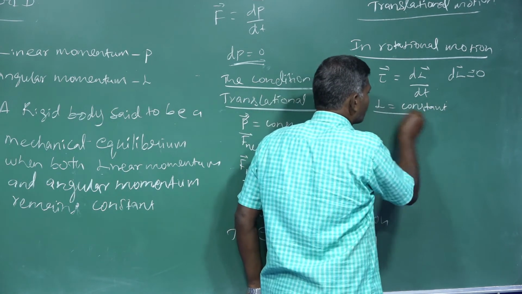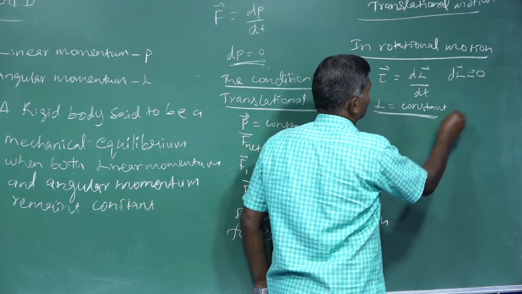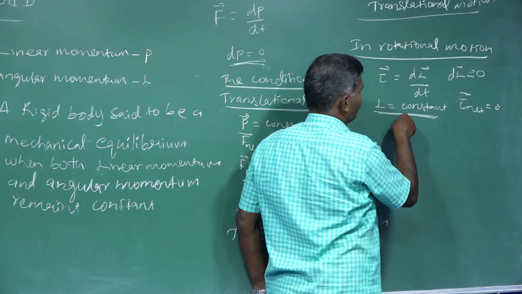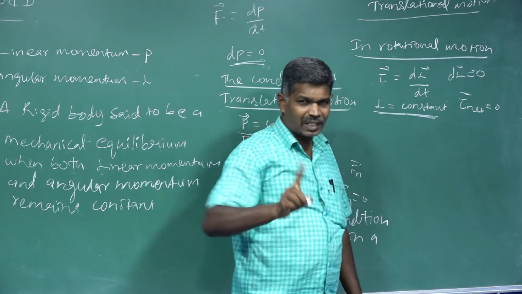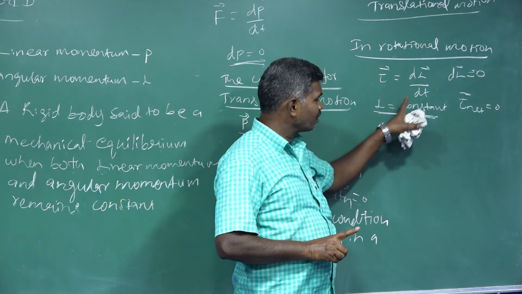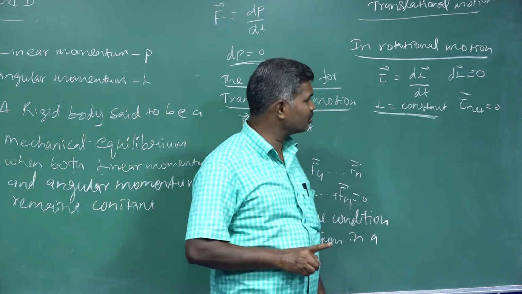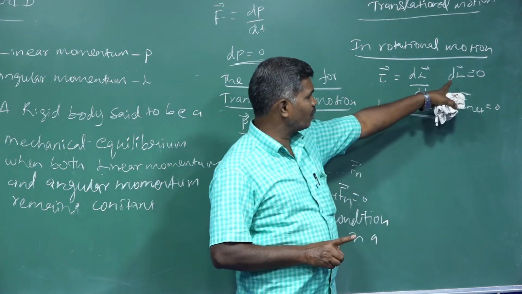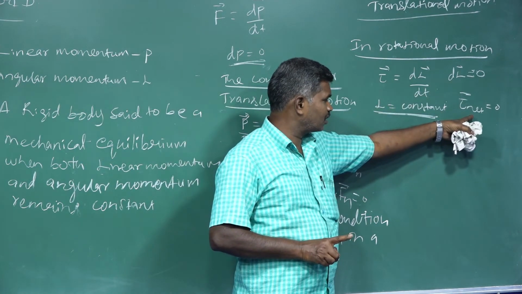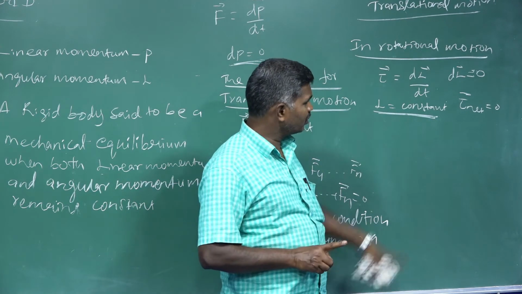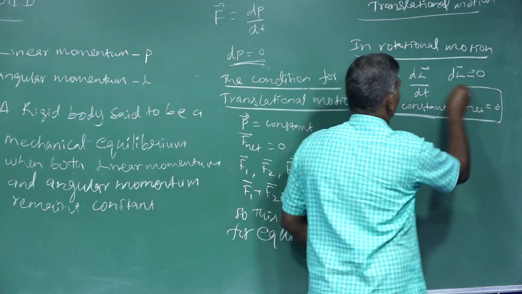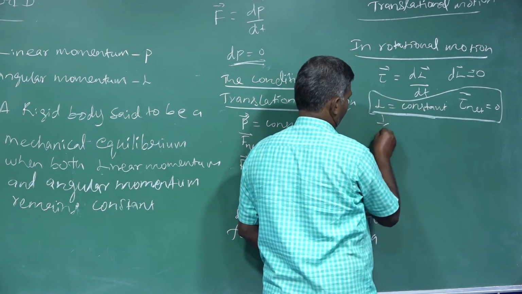If angular momentum remains constant, tau net equals 0, because for any system in rotational motion, angular momentum remaining constant means the change in angular momentum is 0, which means the net torque on that object is 0. These two are the conditions for rotational equilibrium.